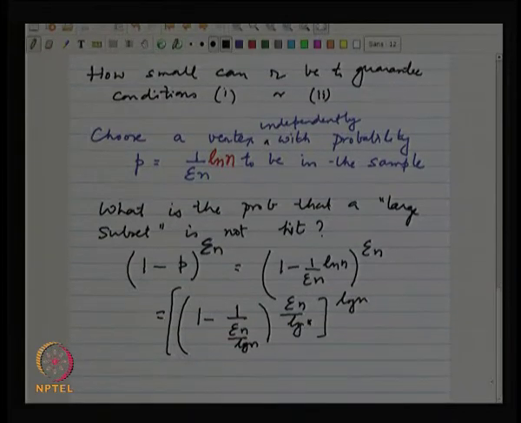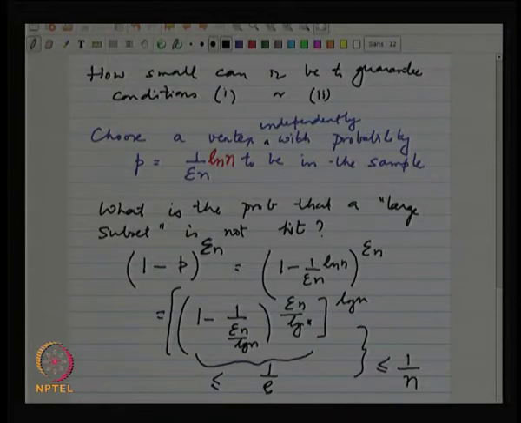Why did I write it like this? Because this term is less than or equal to 1 over e, right. So, this whole thing is basically less than 1 over n, right.